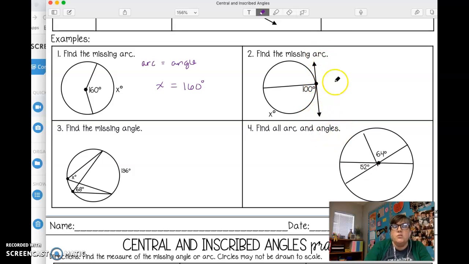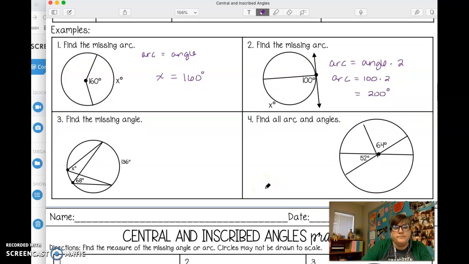We would still use that relationship that the arc is going to be the angle times 2. So we would double. So if the angle is 100, 100 times 2 is 200. And again, it's in degrees. So arc measure and angle measures are going to both be measured in degrees.